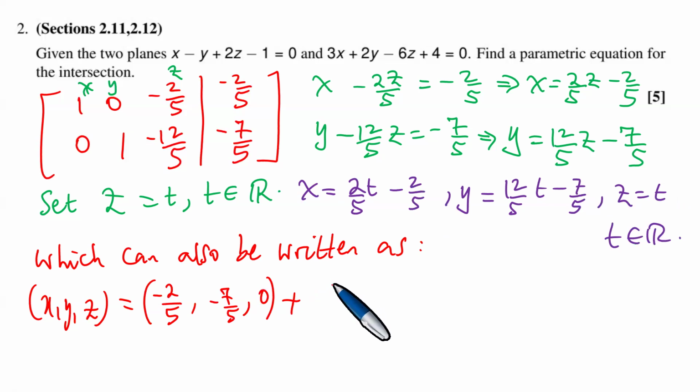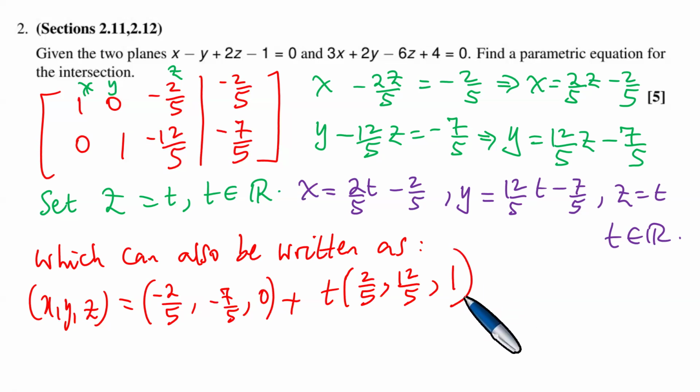Plus t times the vector where x is 2 out of 5, y is 12 out of 5, and z is 1, since you factor out t, and t is an element of R.